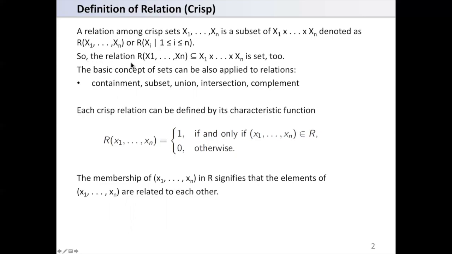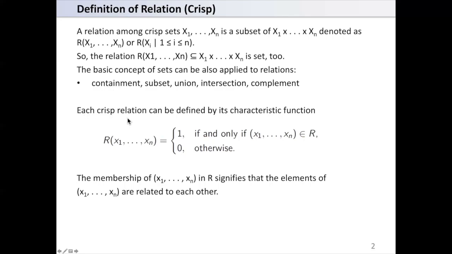So the relation R on X1 up to Xn is a subset of the Cartesian product of the sets. The basic concepts of sets can also be applied to relations because they are also sets. For example, containment, subset, union, intersection, and complement can also be defined for relations of fuzzy sets.